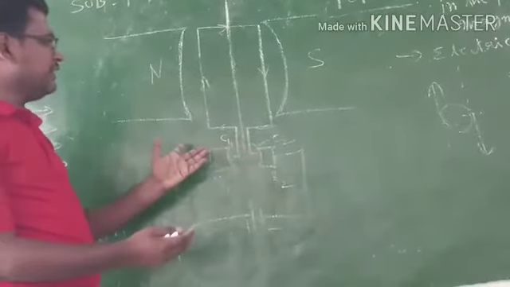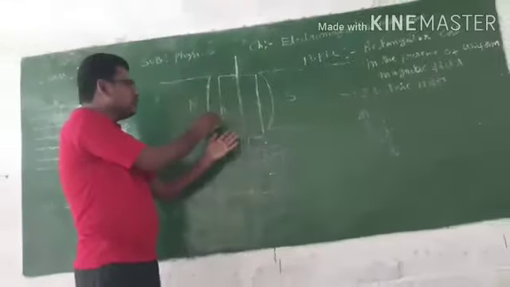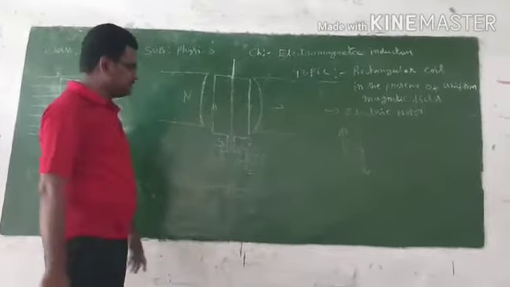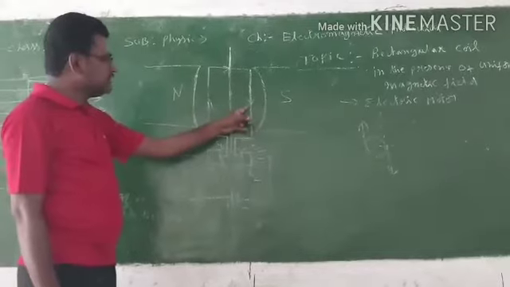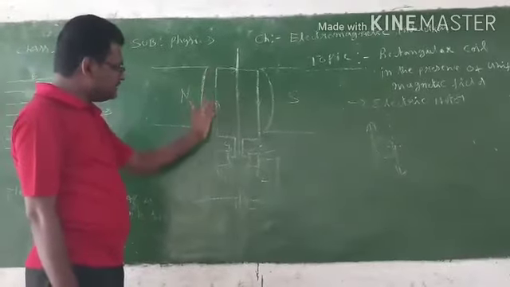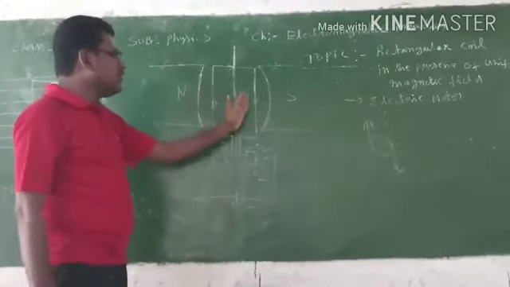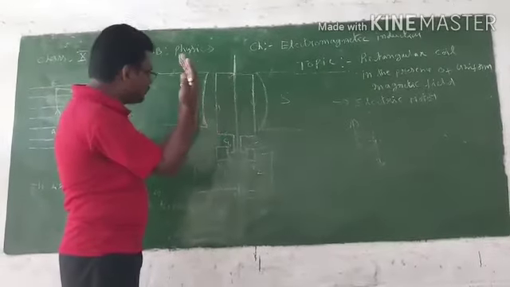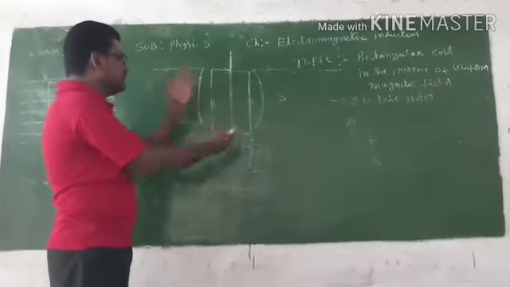Then automatically the current directions in the wires change, so it continues in the same anti-clockwise direction. If this wire comes to this side, the current direction changes from this direction to this direction. So the wire which is here always experiences the force into the plane, and the wire which is here always experiences the force out of the plane.